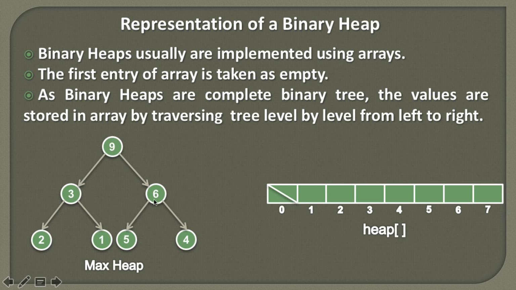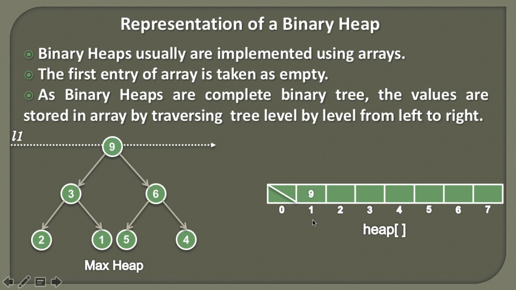Also friends, we store these elements into an array by traversing this binary tree level by level from left to right. At level 1, traversing from left to right, we encounter only one node, which is 9. So we store 9 into the array at the first index.